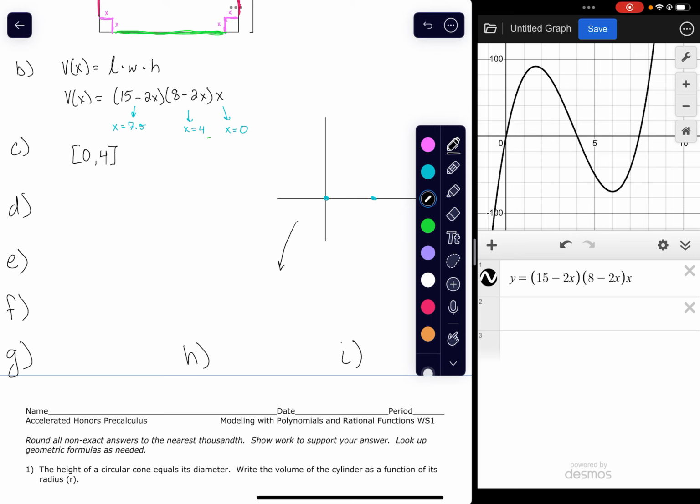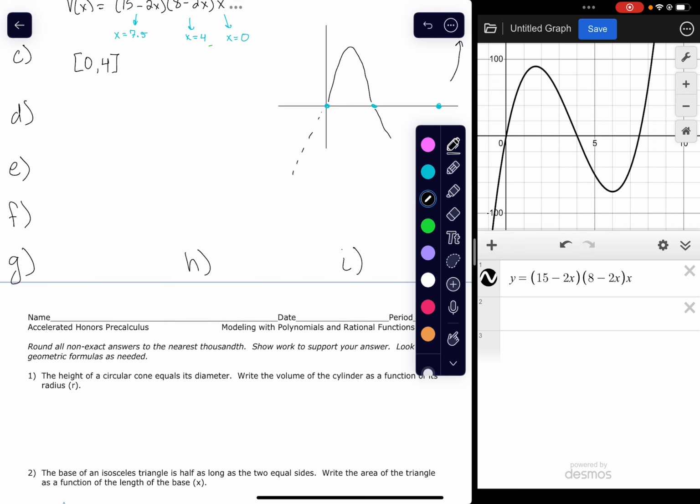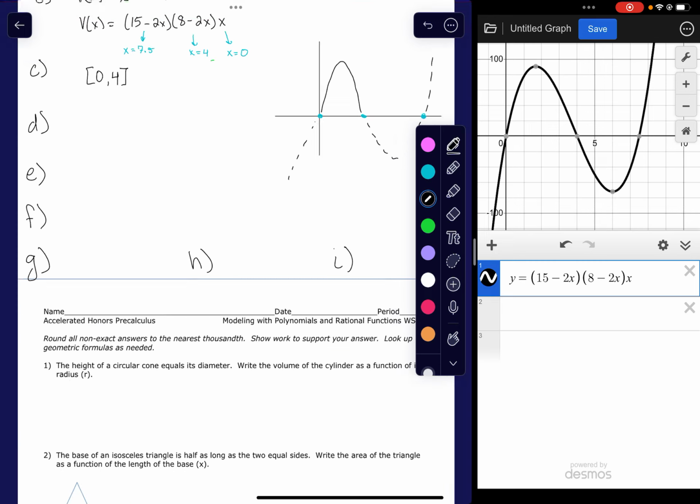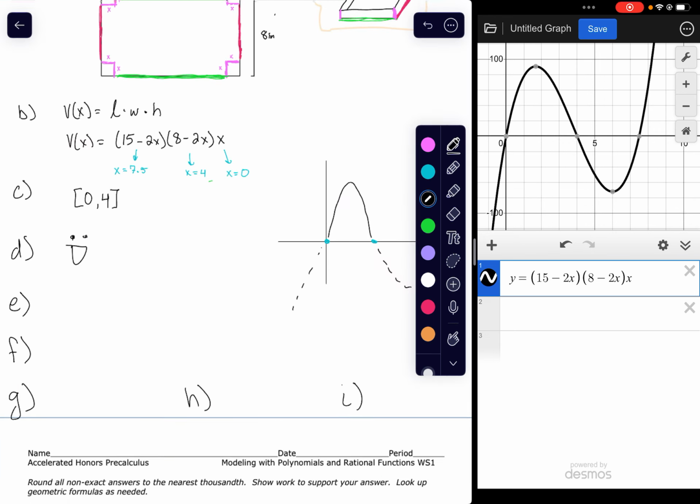And it goes up from infinity. I'm going to draw that with a dotted line just to show the relationship. It comes up to a maximum value and dips back down below 0, only for it to continue back up on the other side of the graph. Beautiful. So D asked us to graph it over its domain. Yippee. We did it.